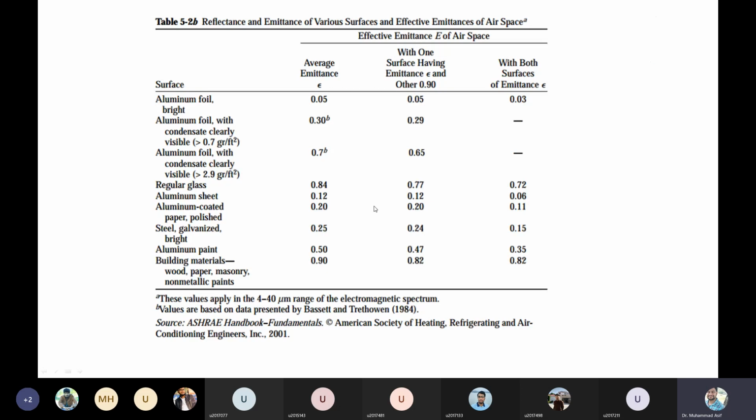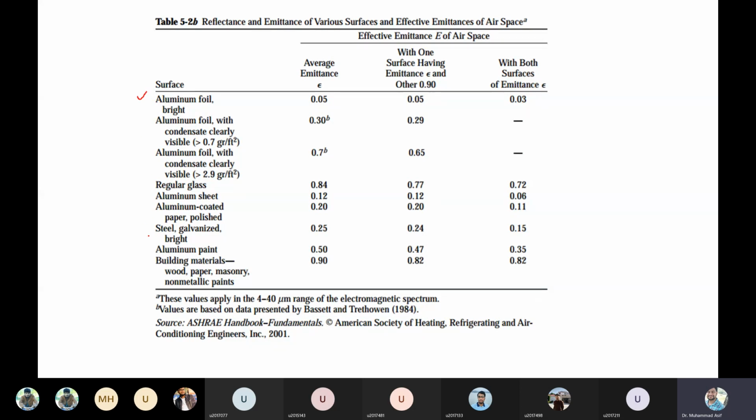So as you can see from table 5.2, you can calculate the value of the effective resistance for various surfaces. I mean, the surfaces could be the metallic one, as you can see, different.